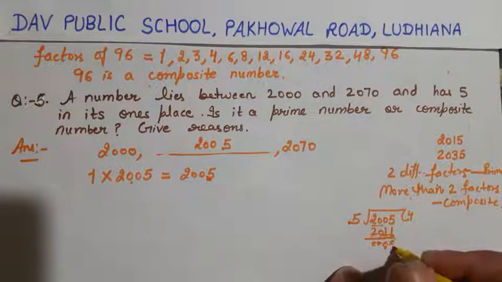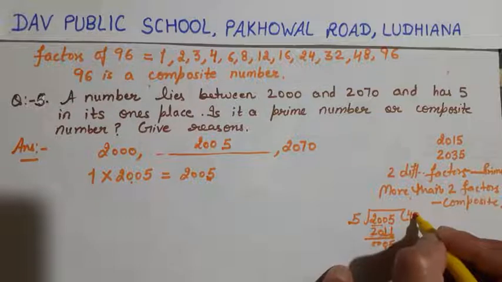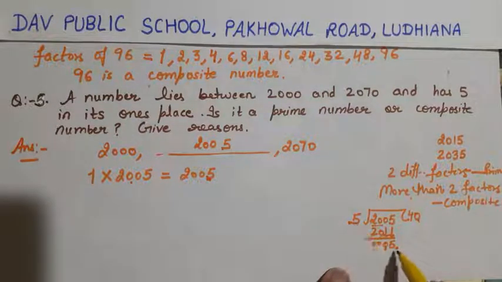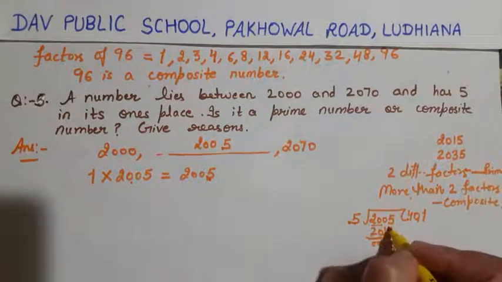Then you will take 5 down, you will apply a 0 here as you have taken down 2 digits together, okay. So it is 5 1s are 5. Now the remainder is 0. So 5 divides 2005 exactly.